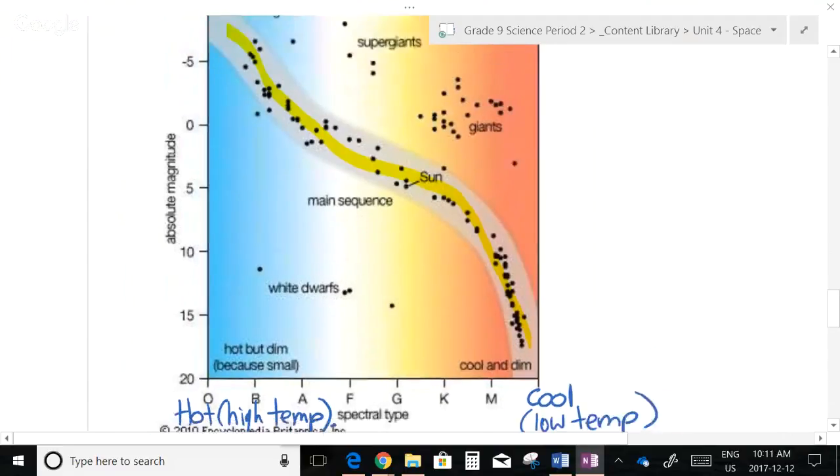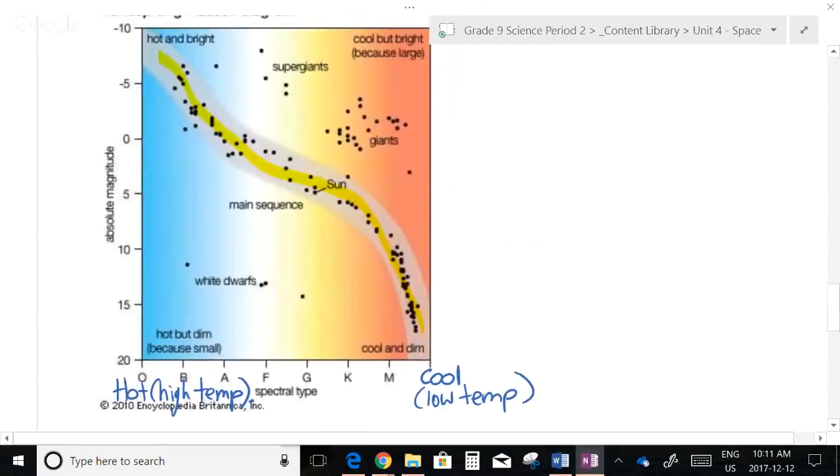Now, here's the interesting thing. What we've learned is that there's a relationship between the temperature of a star and over here, it uses the term absolute magnitude. We'll talk about that. But really, we're talking about brightness.